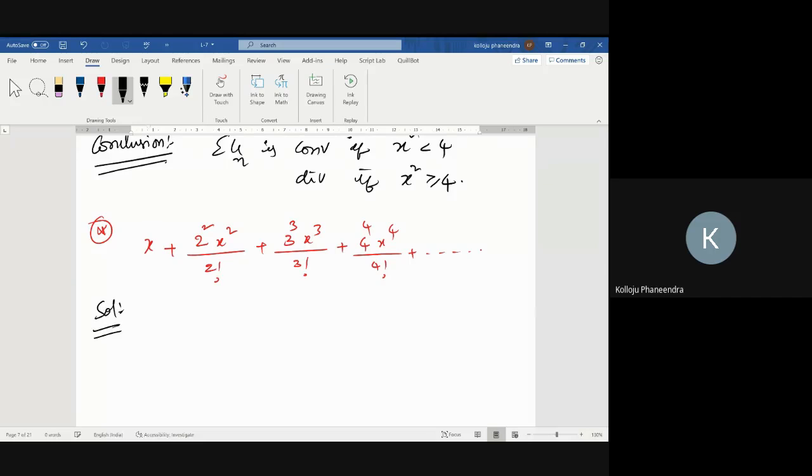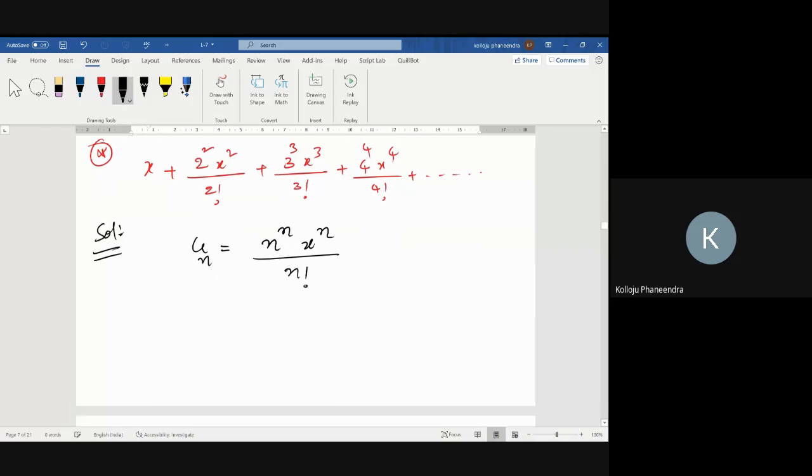Solution. What is the nth term here? The nth term: 1 power 1 x power 1 by 1 factorial, so one can write n power n x power n by n factorial.